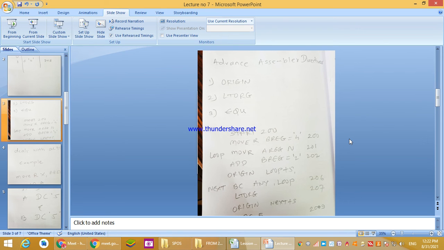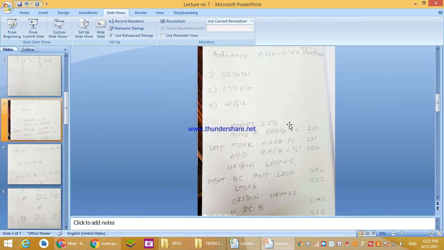These are the 3 things we use in assembly programming. Again, advanced assembler directives. We have seen assembler directives START and END. Here, advanced assembler directives, right? The word advanced is there, that's why it has some special feature. That's why it is called advanced. बरोबर ना? याला advanced म्हणतात म्हणजे याच्यात काही स्पेशल असेल.